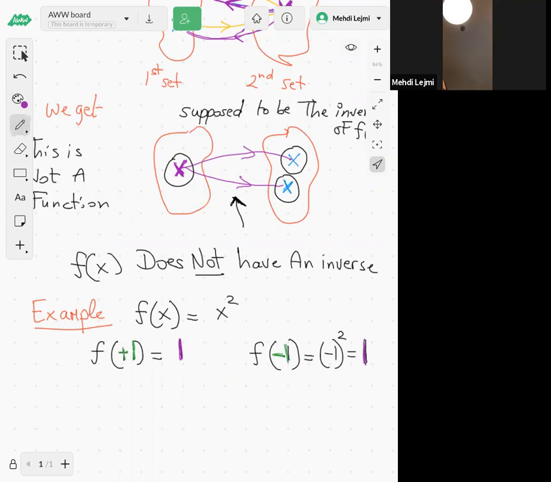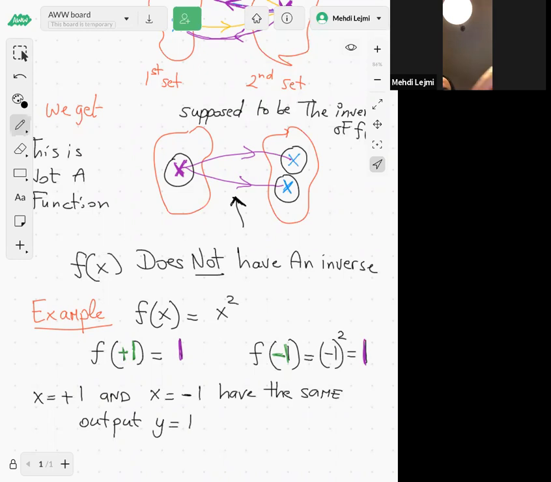Okay, so let me write it down here. So x equal to +1 and x equal to -1 have the same output, y, which is equal to 1, right?